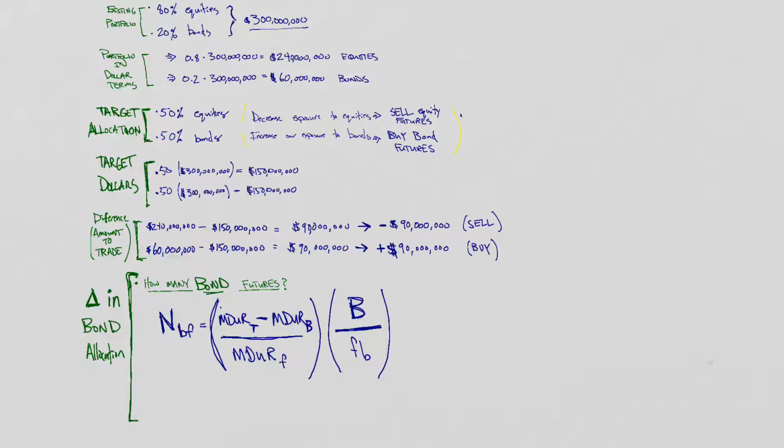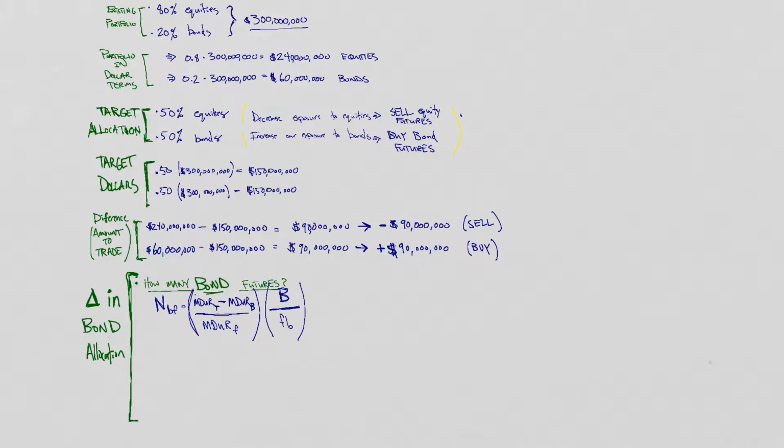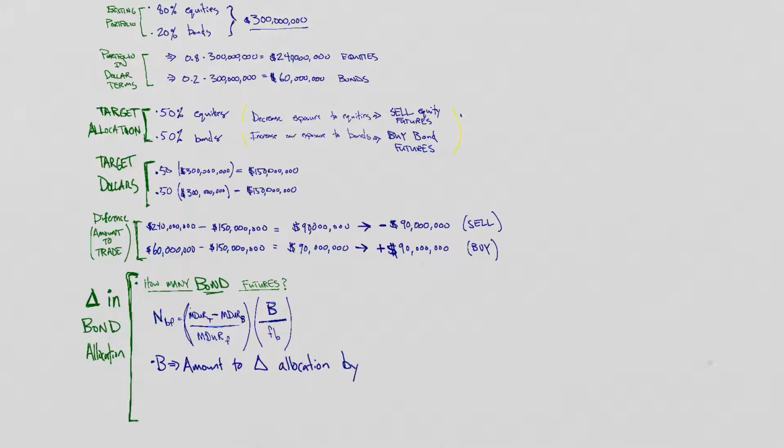And let's see if we can take this general formula and insert some numbers that we have. B, the amount to change the allocation by, or 90 million, and F sub B, the size of an individual futures contract, which in this case, let's say it's 105,250 per contract.